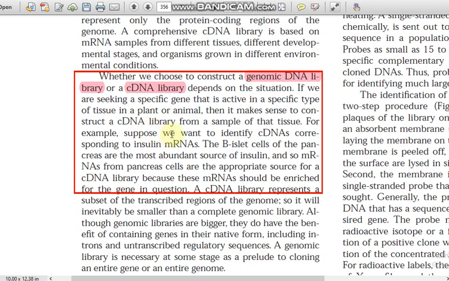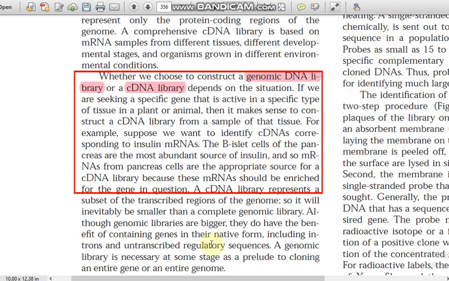For example, suppose we want to identify complementary DNA corresponding to insulin mRNAs. Then the beta islet cells of the pancreas are the most abundant source of insulin, and so mRNA from pancreas cells is the appropriate source of a complementary DNA library, because this mRNA should be enriched for the gene in question.